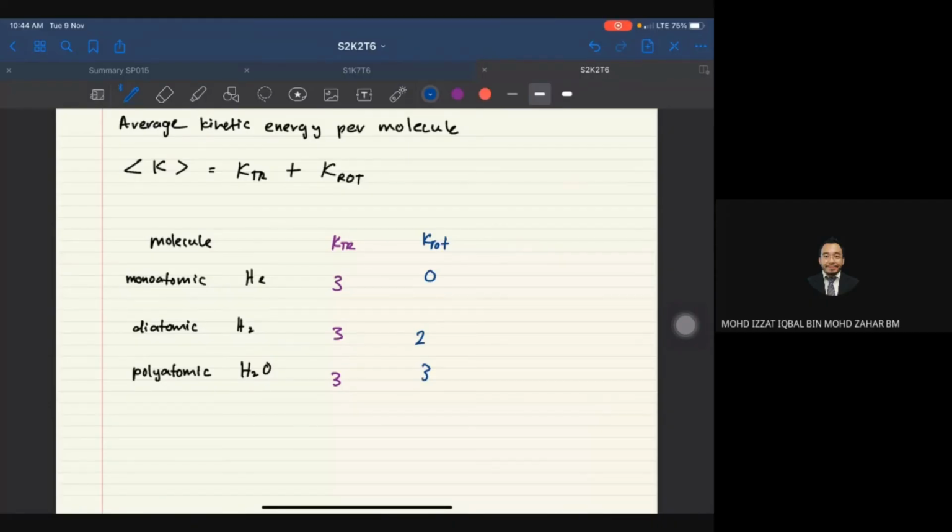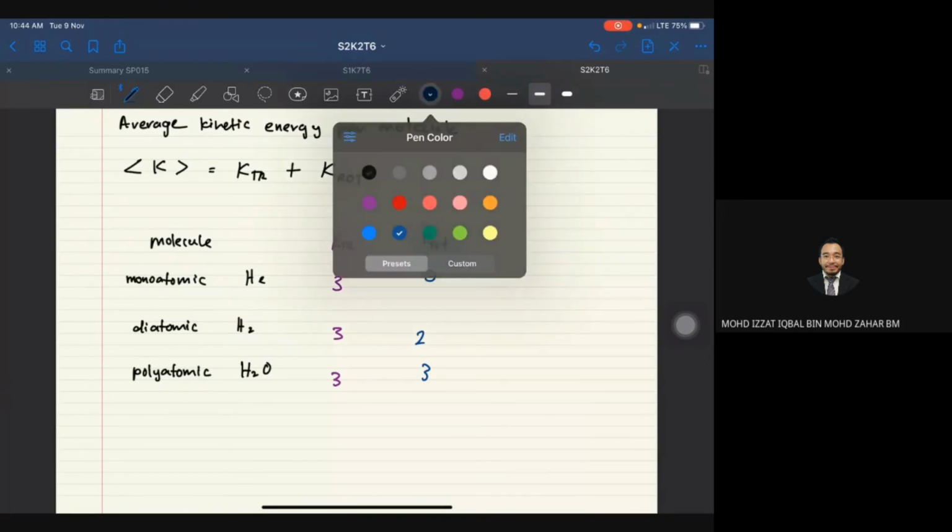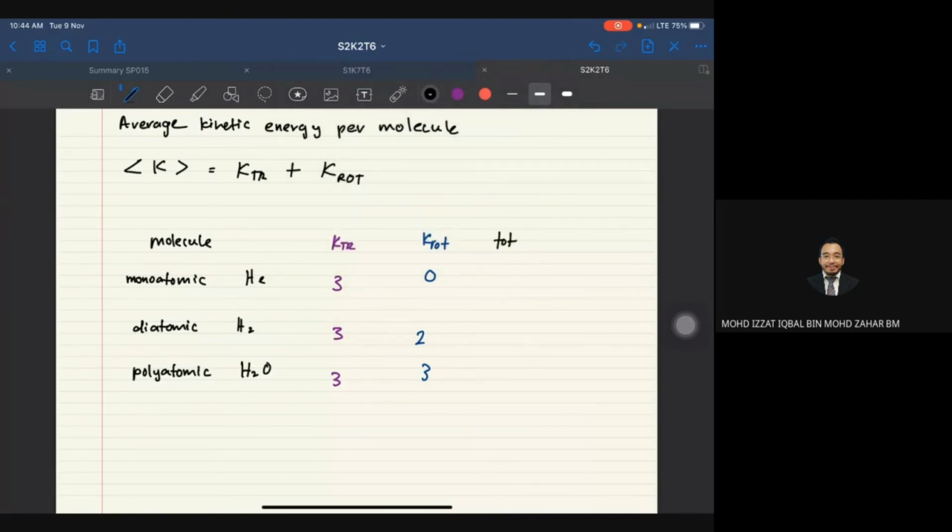So if I want to consider the total in terms of half tadi kan, so this one becomes 3, 5, and 6. Okay, this is the numbers that you have to memorize. Okay, this is what we call degree of freedom. We use the symbol F. Okay.